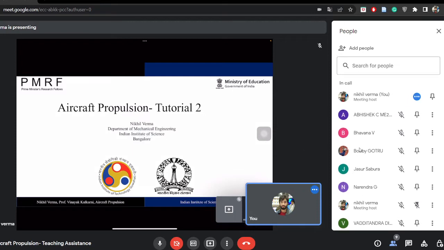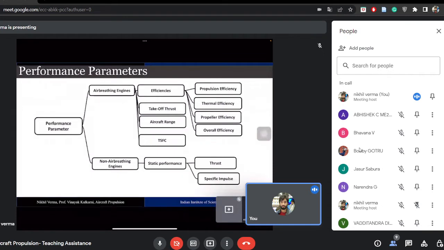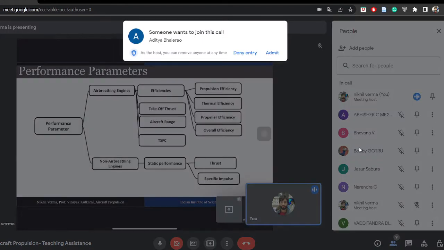So coming on to the performance. Today we'll be dealing with the performance parameters which are used to quantify an aircraft, and some of the parameters will be dealing with the air breathing engine.